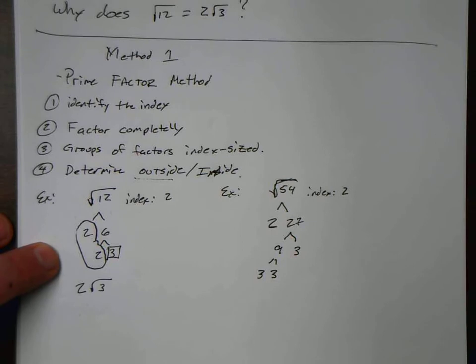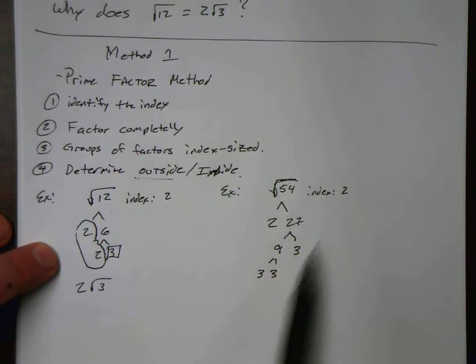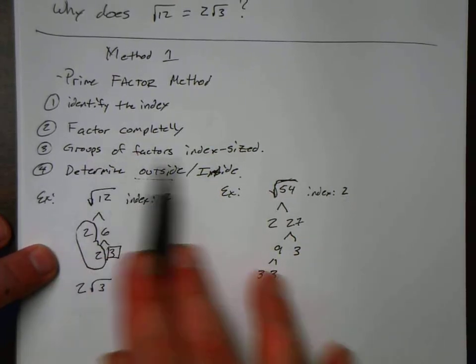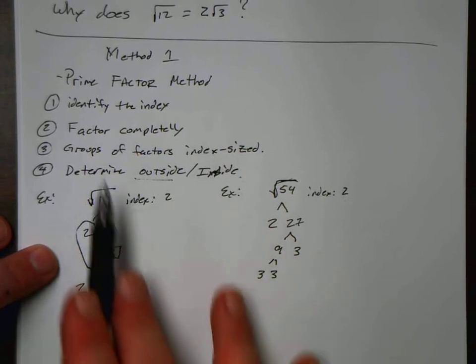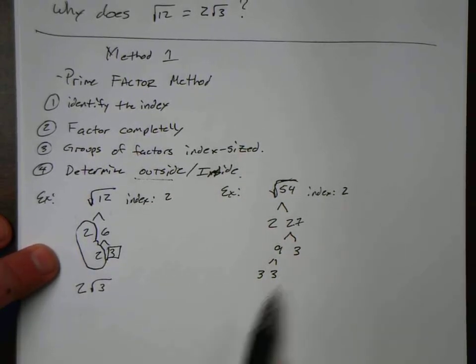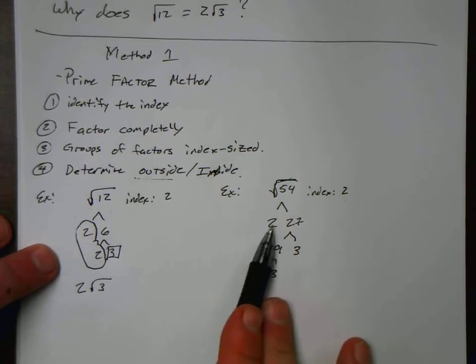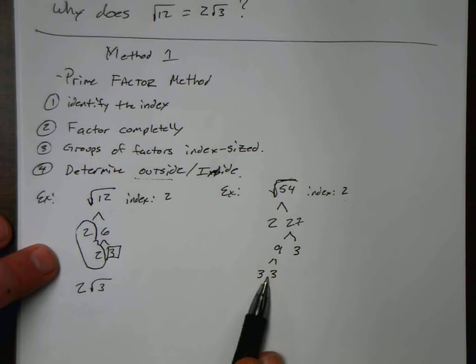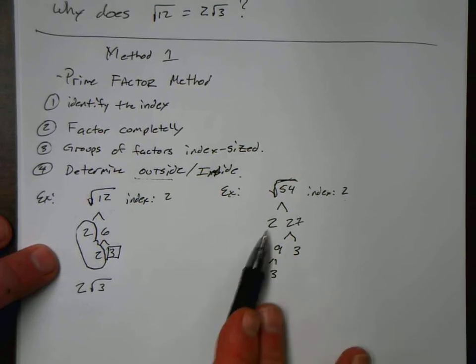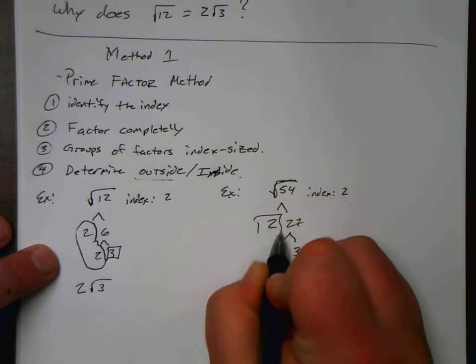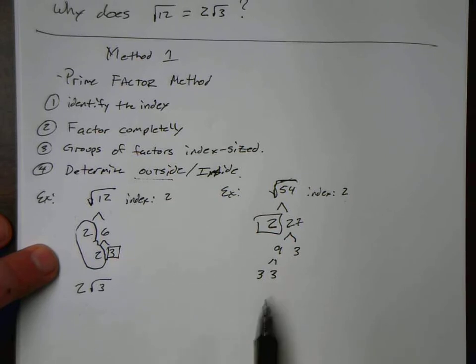Now my index again is 2, so I need pairs. I can only have groups of 2. So I'm looking at this 2. Is there another 2 along the outside? No, so I cannot match him up with anything. So I put him in a box. Here's a 3.